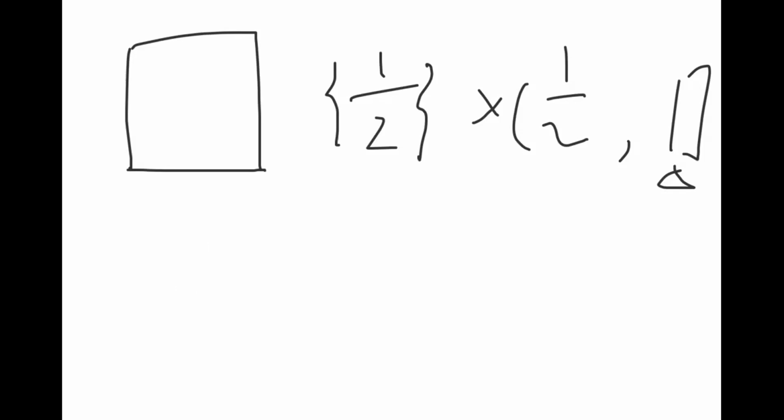Something like this. And here, this point will connect to this point, and this point will connect to this point. This is the dictionary order, right?